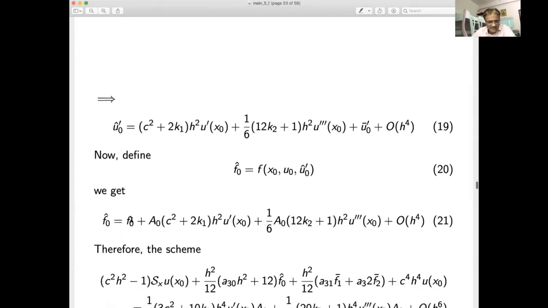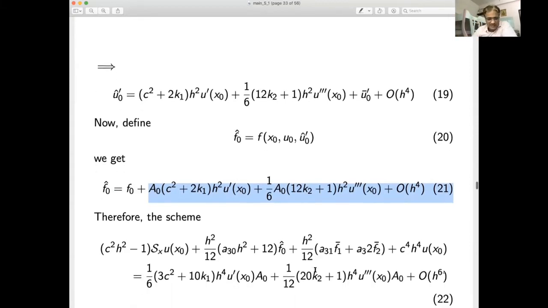So the Taylor series gives you equation number 21. This, in fact, you can directly get if you derive it manually. Right? Now, we have available f naught cap, f1 bar, and f2 bar. These three quantities are available to you.